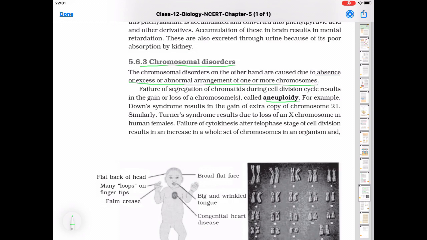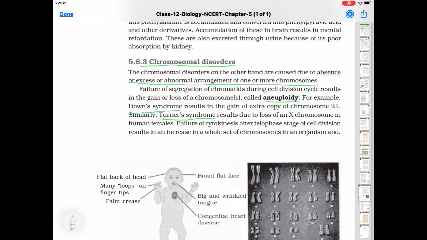Example is Down syndrome, in which one extra chromosome occurs in chromosome number 21. Actually, a pair of chromosomes is there, but here 3 chromosomes are present. Turner syndrome, where loss of one X chromosome occurs. So, this occurs because the chromatids fail to segregate at the time of cell division.